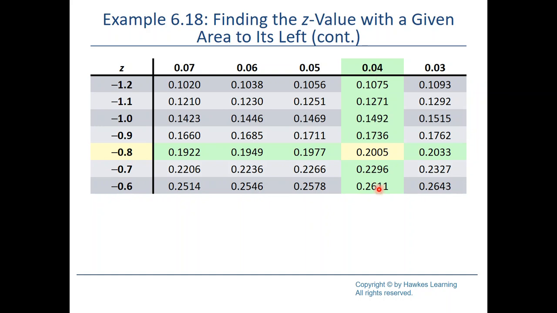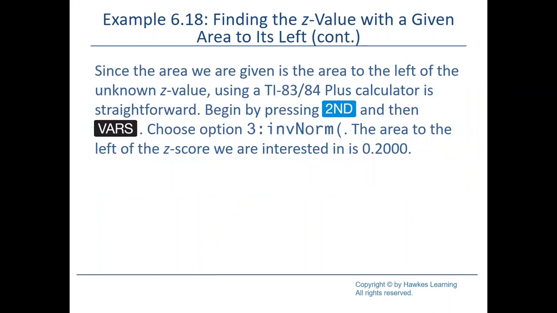Now this again is approximate. The table's only as good as the probabilities that you have with you. Your calculator is going to be a little bit better, so with our calculator, you'll notice that you get a more accurate answer.